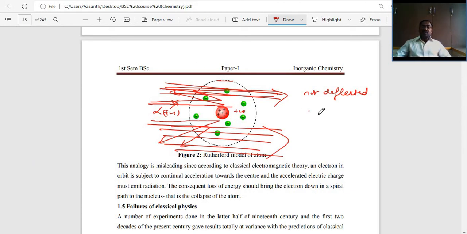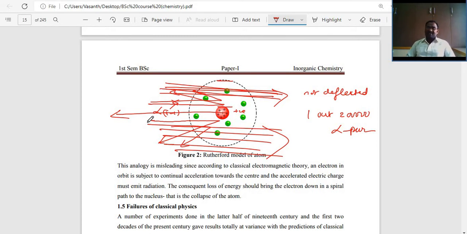And 1 out of 20,000 alpha particles rebounds on the same path or same track, because the nucleus has mass and occupies some space. When the alpha particle falls directly on the nucleus, it is rebounded on the same track.